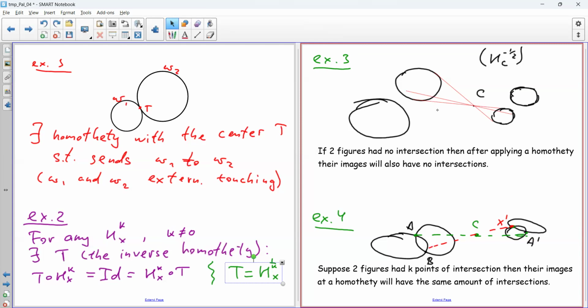But then we have the inverse homothety, which must bring the intersection point to an intersection point. And that must be an intersection point of the images of the images, which, by the choice of the second homothety, are just the initial figures. So if we have an intersection of the images, we must have had an intersection of the pre-images, the initial figures.